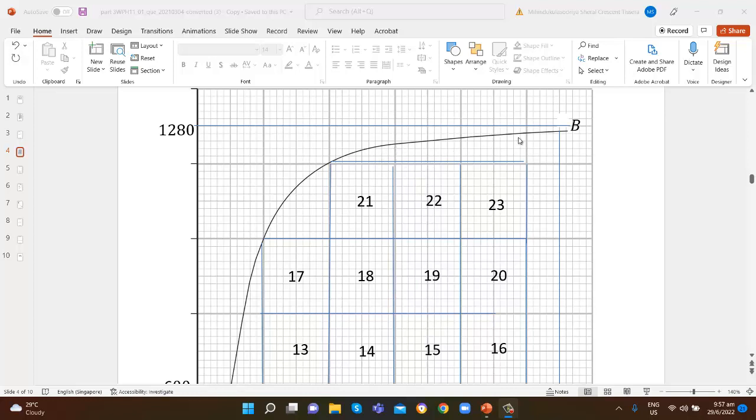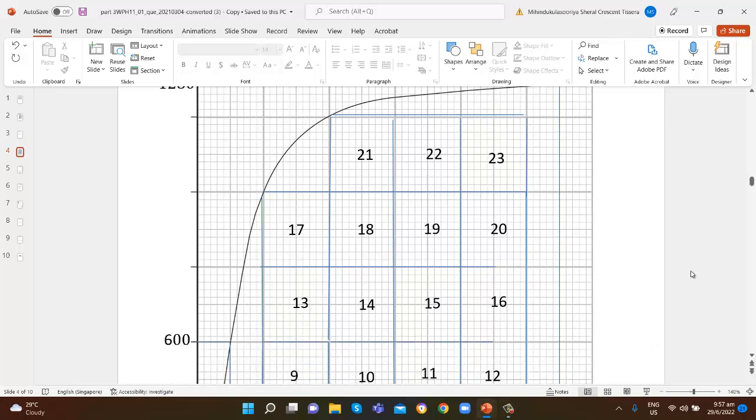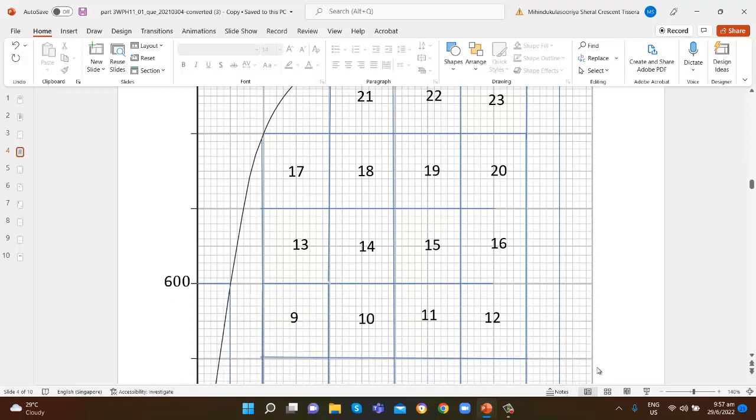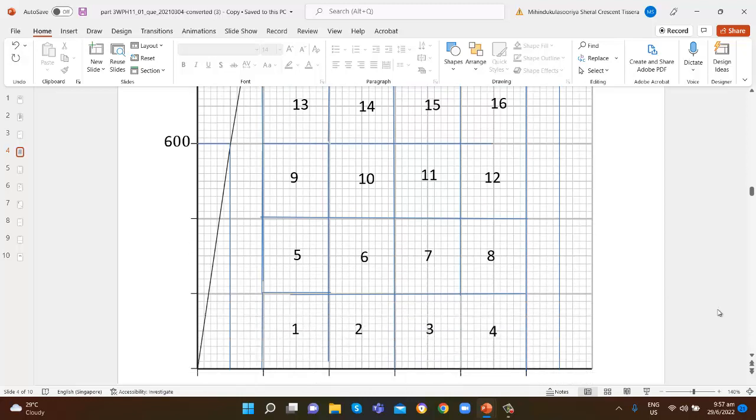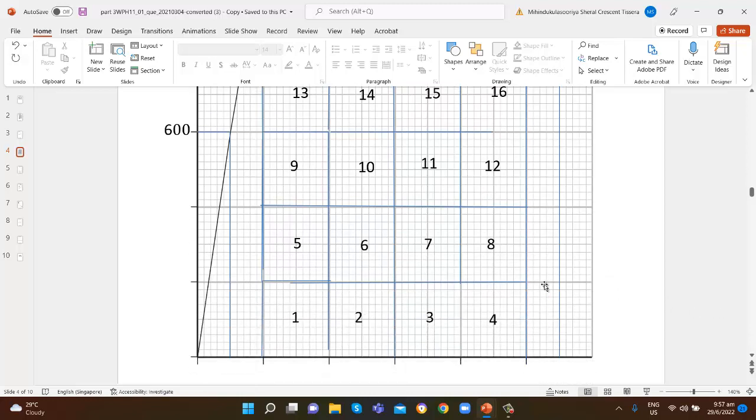Now the rest of the squares you have to count: here half, quarter, half, again half. This whole thing will give you 1, so 24. Then another 2 will give another 1, so that is 25. Another 2 will give another 1, then 26. Now you almost have 26.